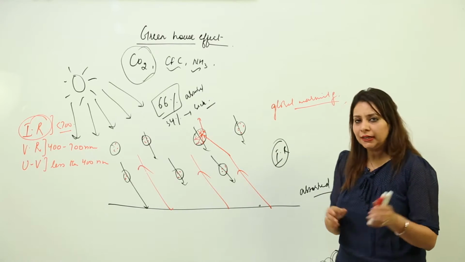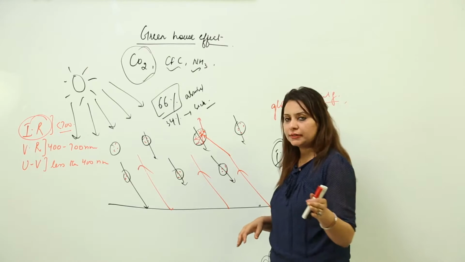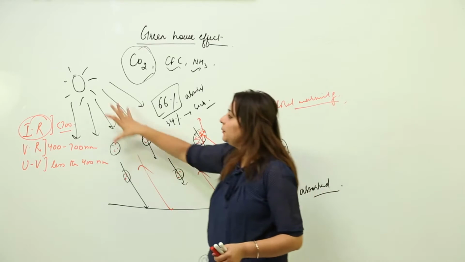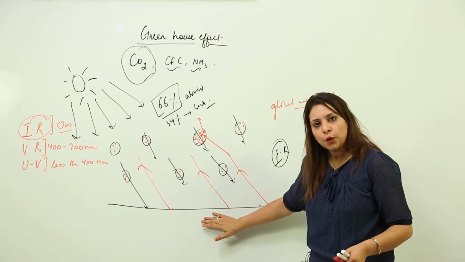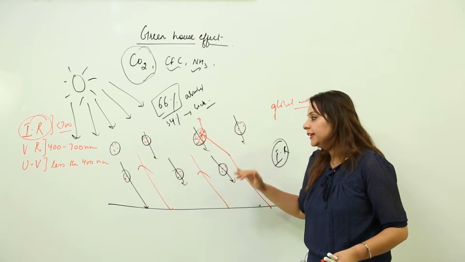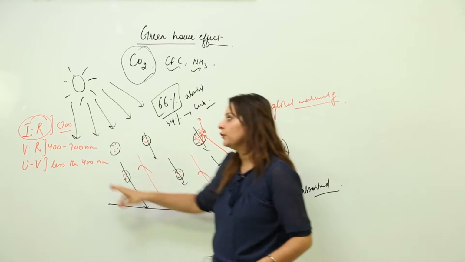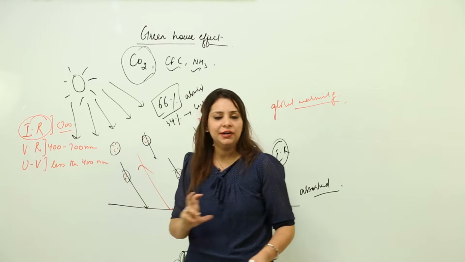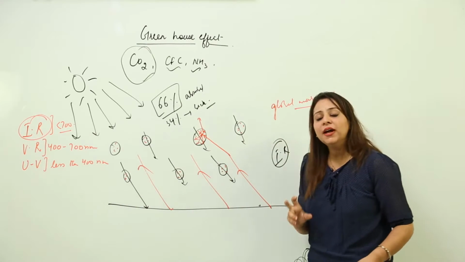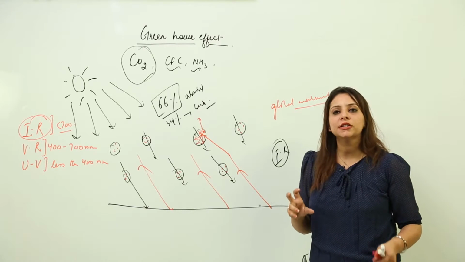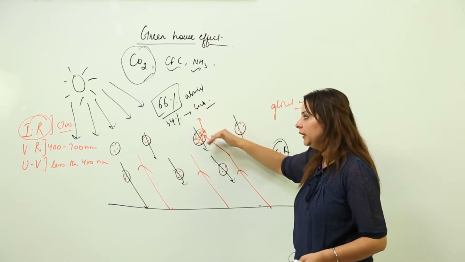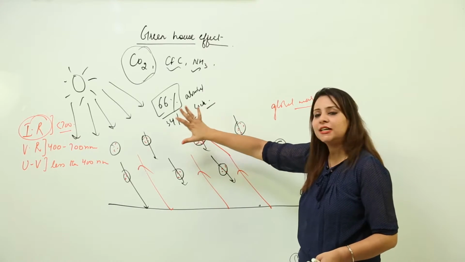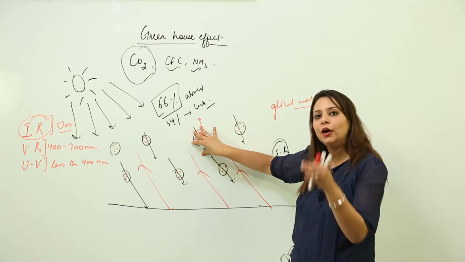I think you got it, but I will explain again. Many radiations come from the sun. Out of that, the maximum is absorbed, but some is reflected back, mainly the larger wavelength rays, the infrared radiations, which cause the heating effect. When they were coming in, their wavelength was such that CO2 allowed them to pass through.